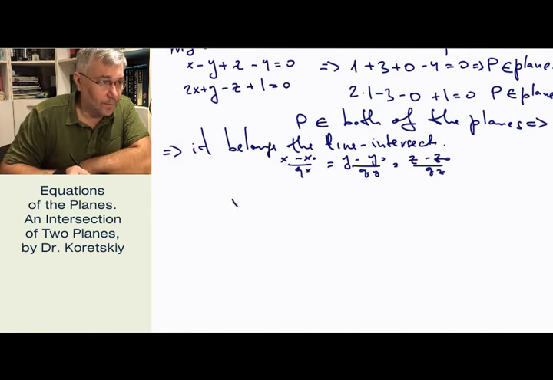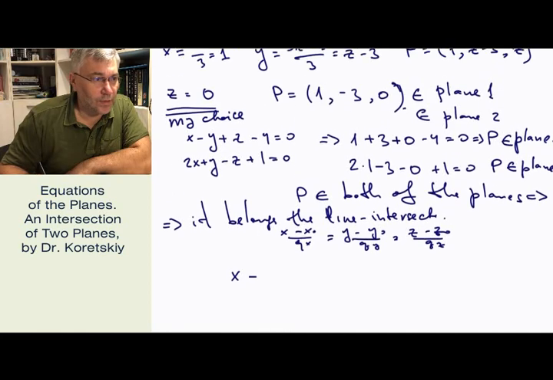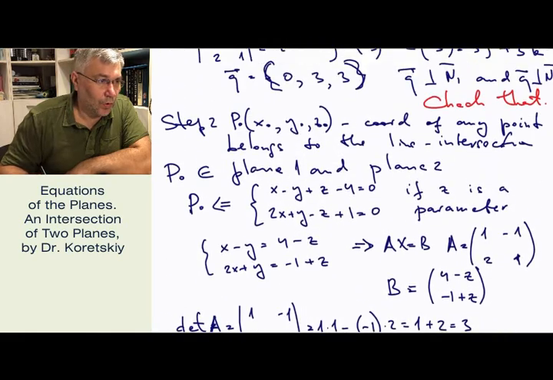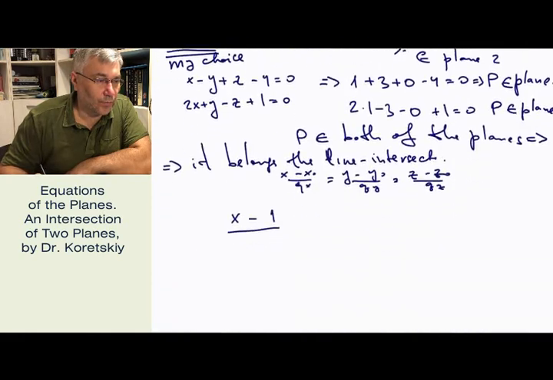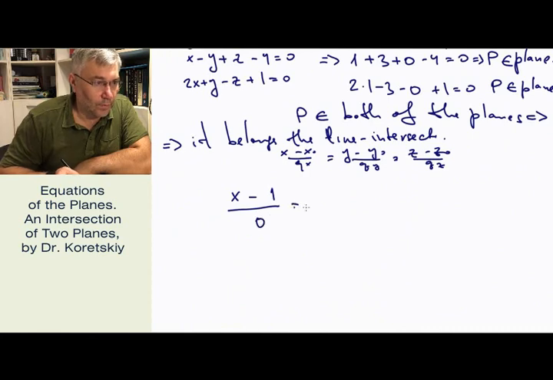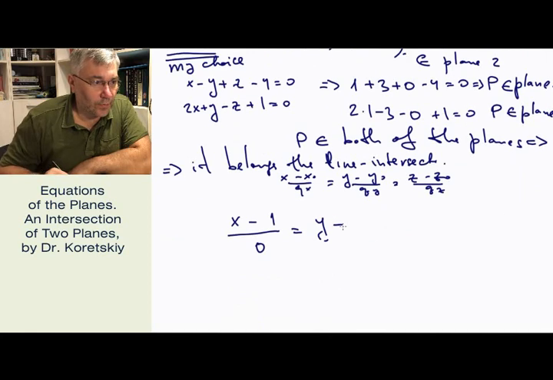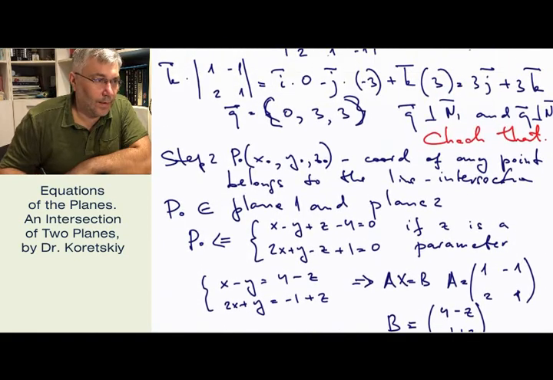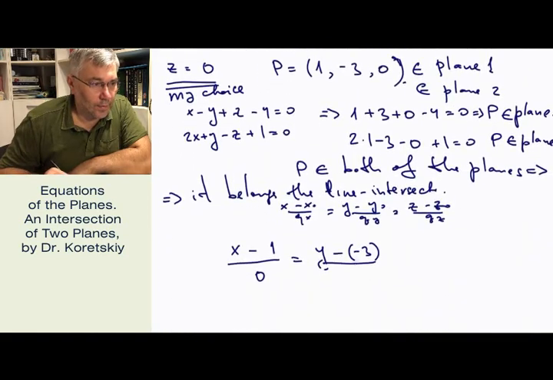So we have x minus x0, and x0 is 1, qx equals 0, equals y minus y0, where y0 is minus 3, so y plus 3, qy equals 3, and equals z.